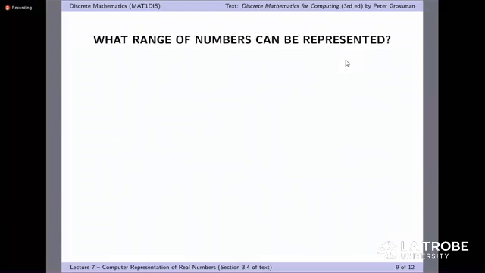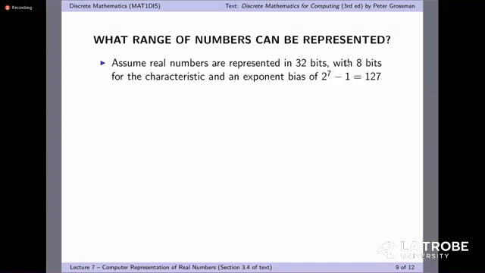Anyway, so as I just said, what range of numbers can be represented? Think of that. Assume real numbers are represented in 32 bits with 8 bits for the characteristic and an exponent to the power 2^7 minus 1. So remember, 8 bits. If you have 8 bits available for the characteristic, can you find out the range?